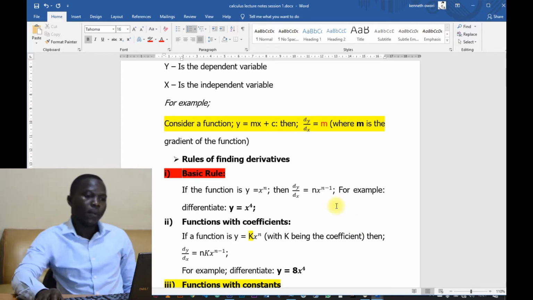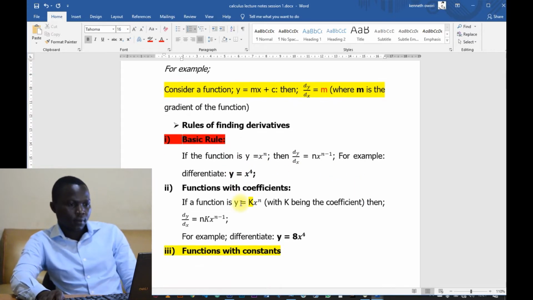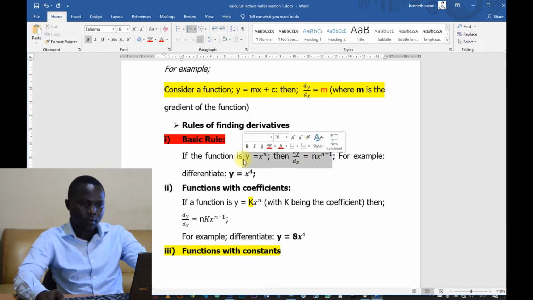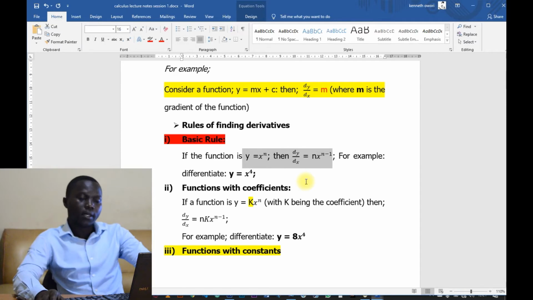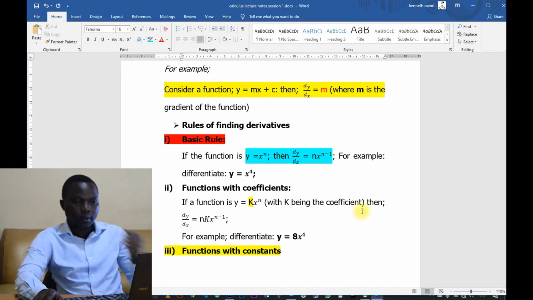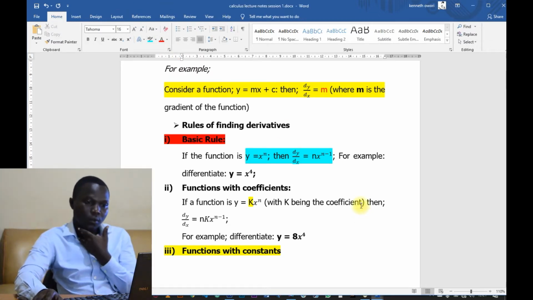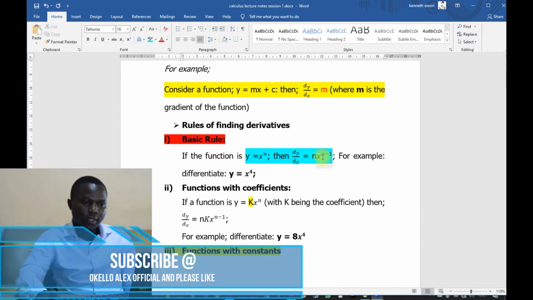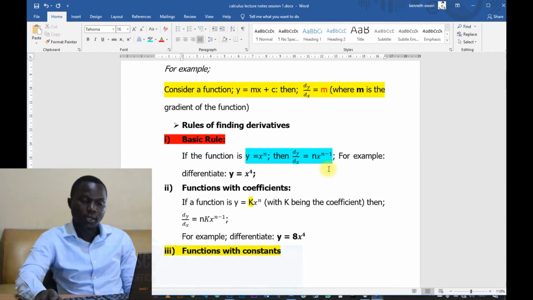For example, under the basic rule, if a function y equals x power n, where n is the power and x is the expression or the function, the derivative would be given as dy dx equals n times x power n minus 1.